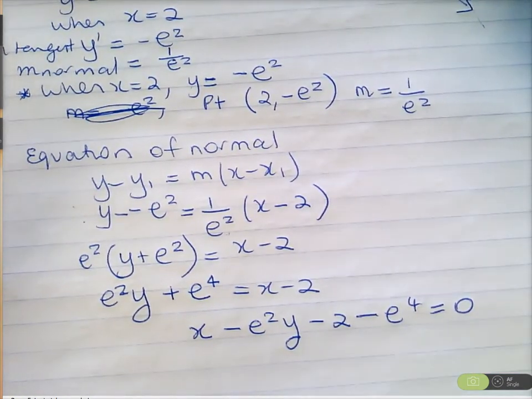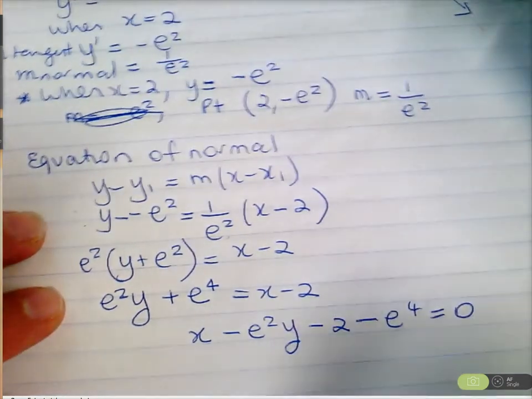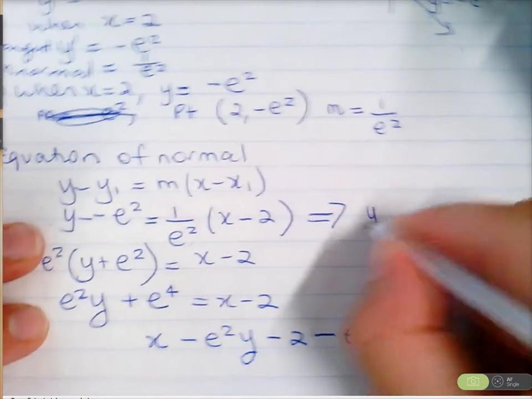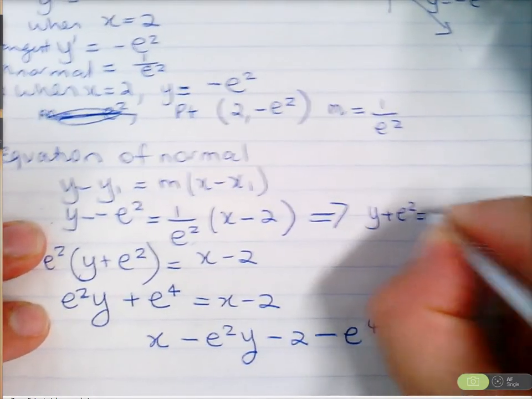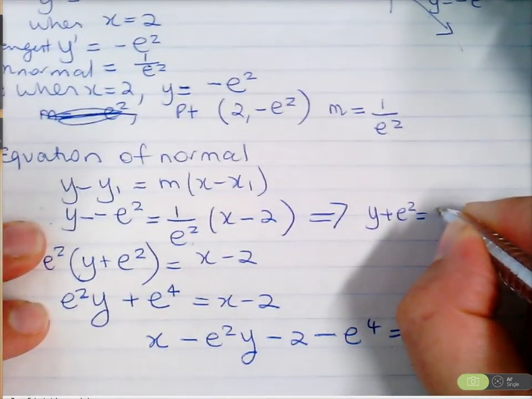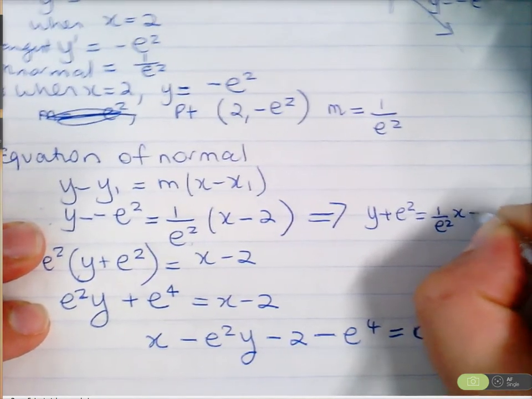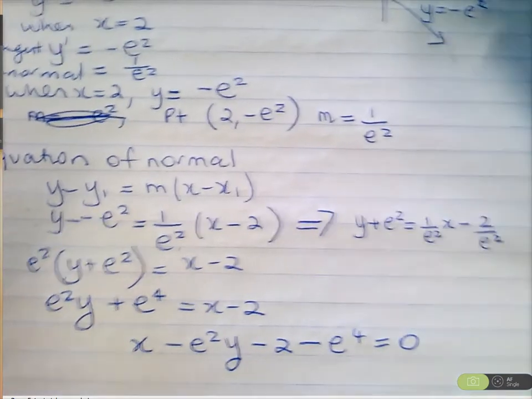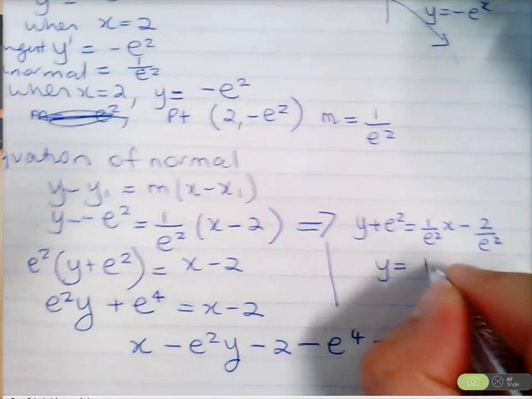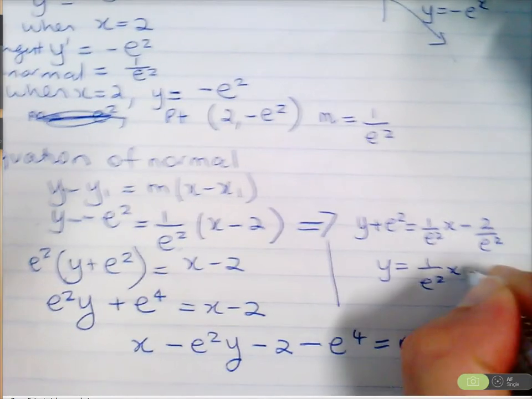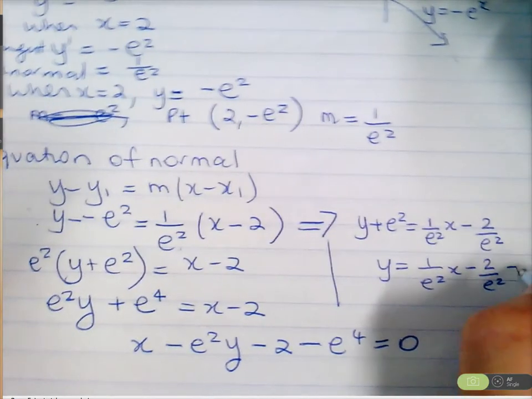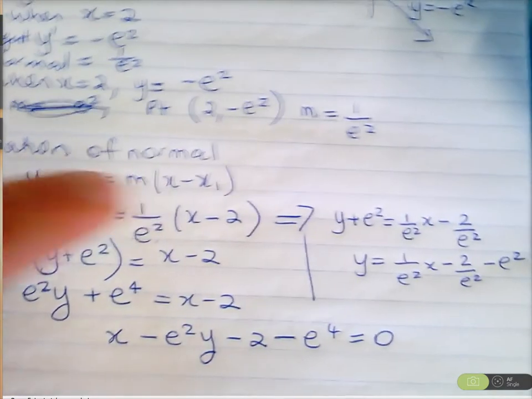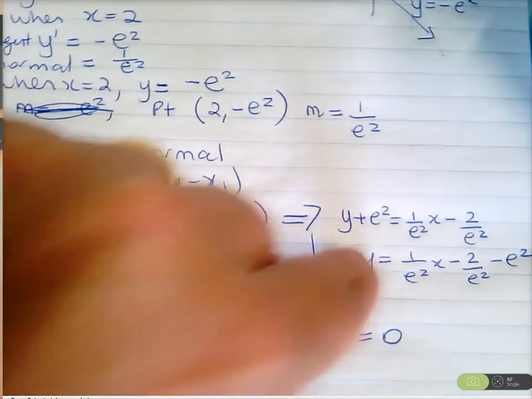Look, the other thing you could have done, if you wanted, y plus e squared is 1 on e squared x minus 2 on e squared. You could have done that, but you could have done this as well. If you just expanded, you could have had that as well.